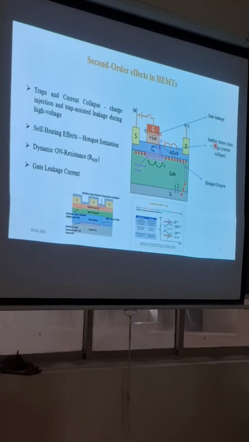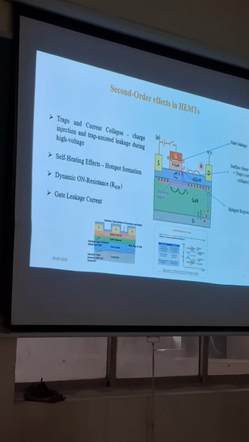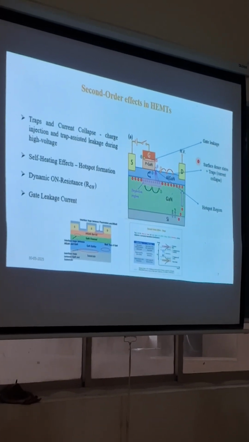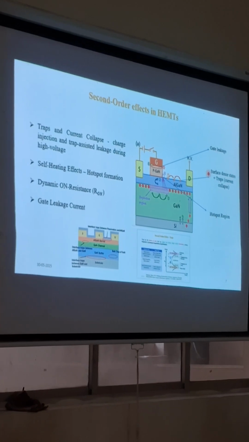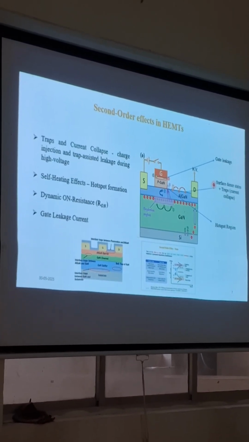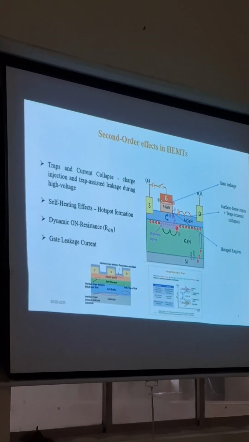There are also surface donor states at the GaN. What we talked about previously, the dangling bonds of the devices, make the surface donor states, and there are some traps which hold electrons or lose electrons that affect the devices. And this is the hot spot region.